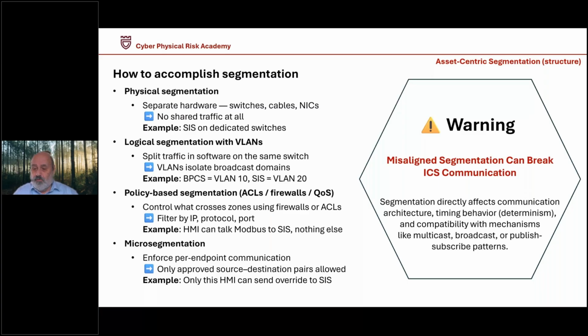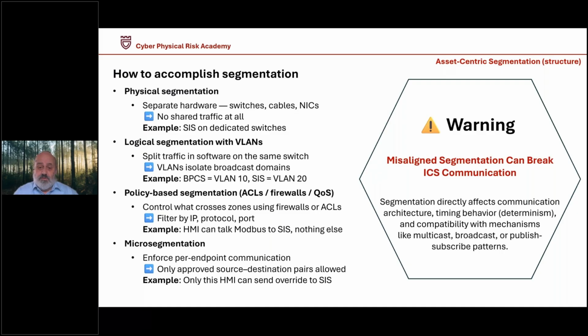For example, GOOSE protocol, very often used in the power environment. It uses level 2 multicast. If you have Profinet, it uses level 3 multicast.